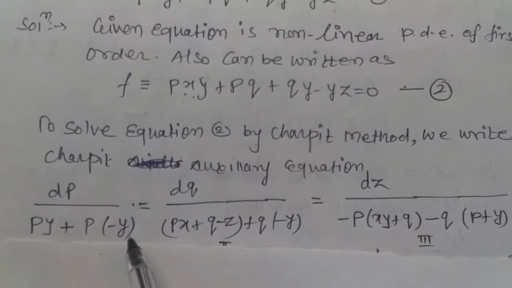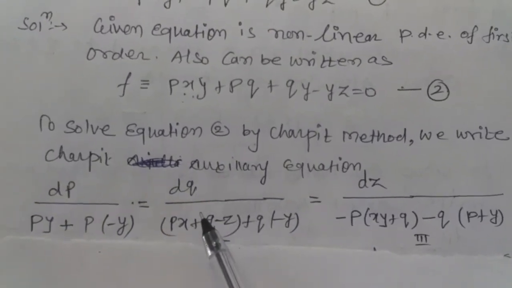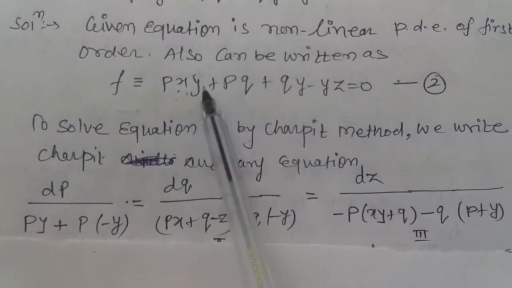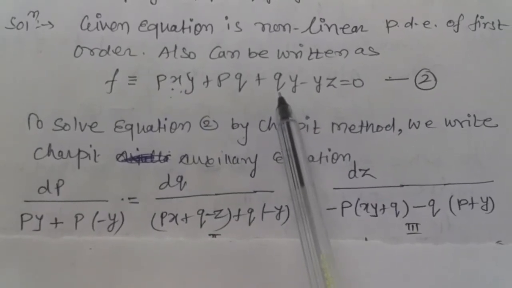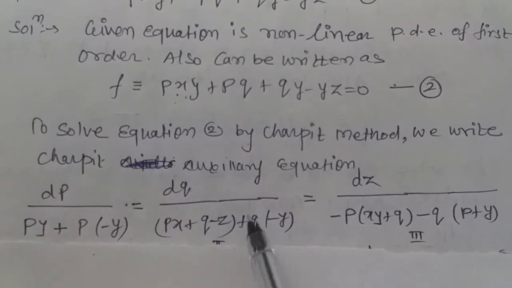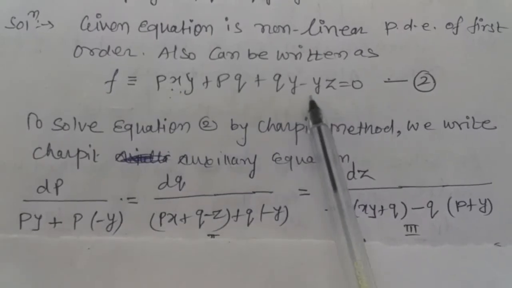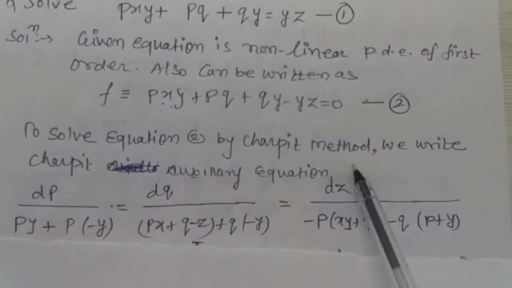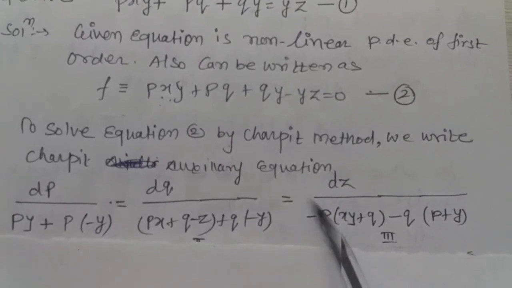So p into minus y equal to dq upon del f by del y, the partial derivative of f with respect to y. We get px plus q minus z, plus q times del f by del z, which is minus y, equal to dz upon minus p del f by del p minus q del f by del q.